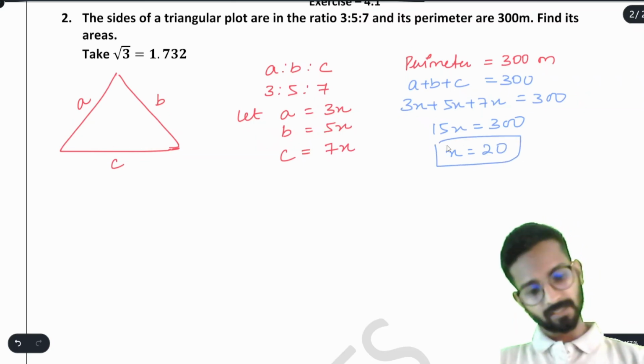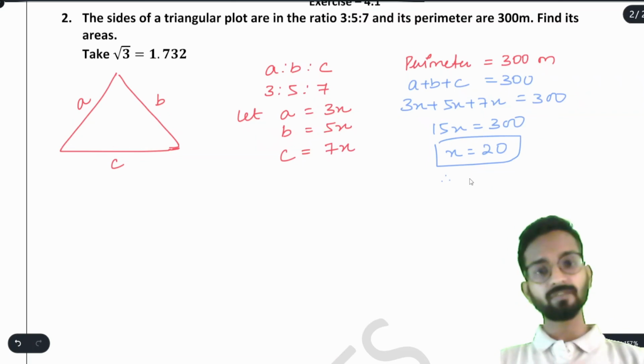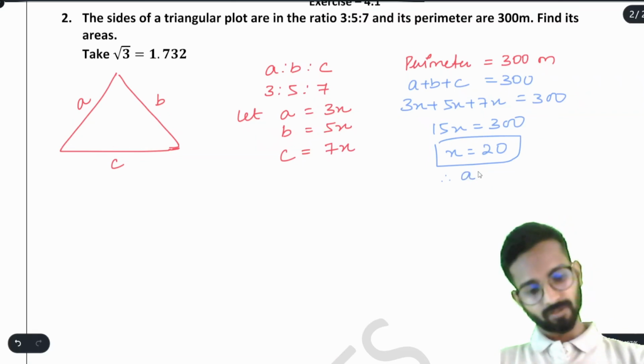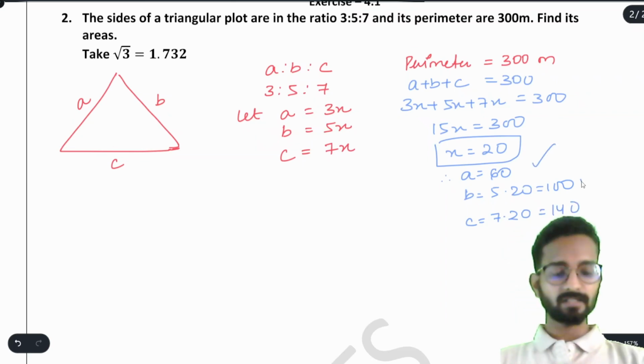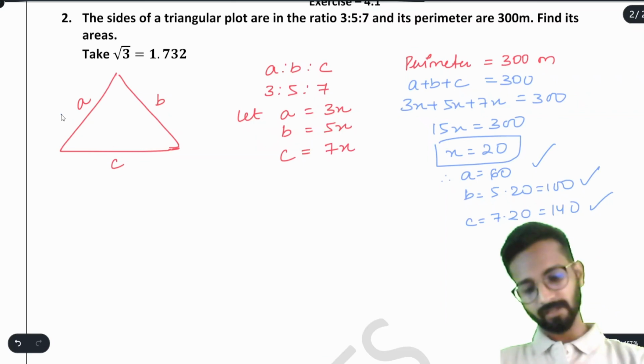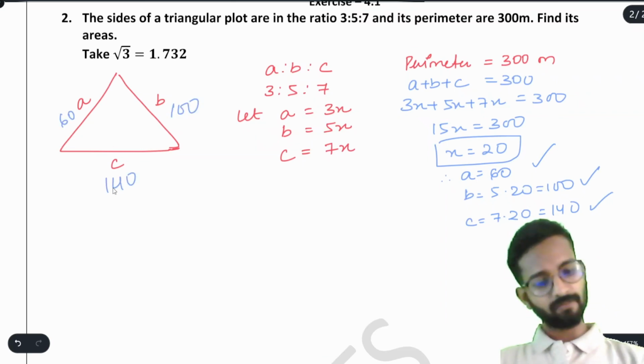And you can say therefore the sides will be A is equal to 60, B will be 5 into 20, that is 100, C will be 7 into 20, that is 140. So the three sides are 60, 100 and 140.